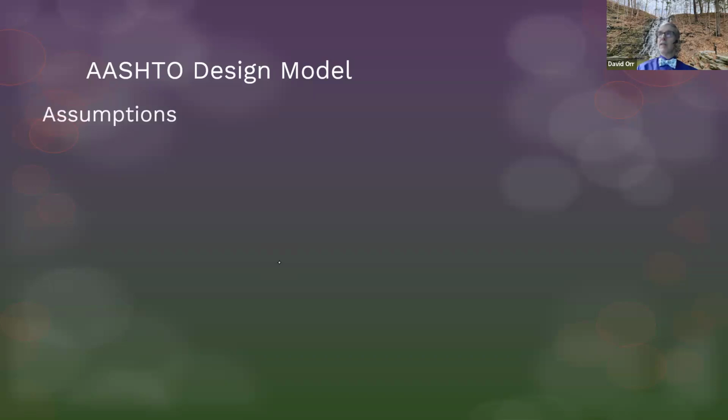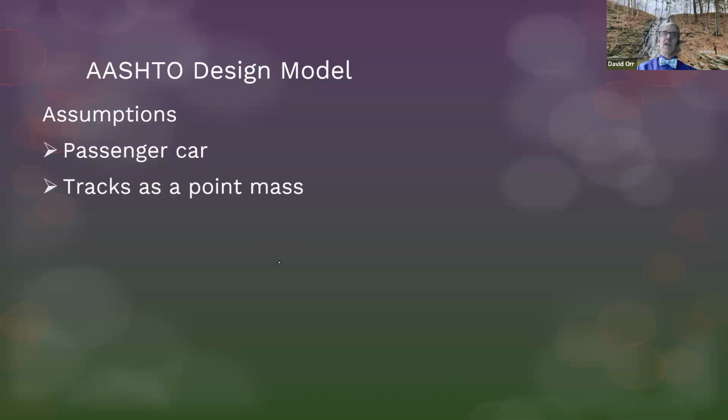There's some assumptions that are made. Let's see if they're true. We assume passenger cars. We design the curve around passenger cars. We assume it goes around the curve as a point mass. In other words, it's just the center of gravity going around the curve. It's not on four wheels. It operates at the design speed. We'll see if that's true or not.